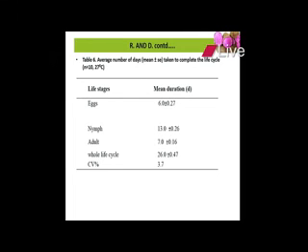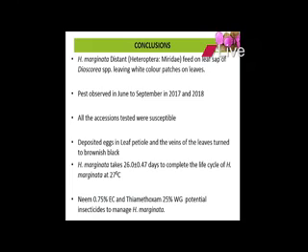Conclusions. Harpedona marginata feeds on the leaf sap of Dioscorea species, leaving white color patches on leaves. The pest was observed from June to September in 2017 and 2018. All the accessions tested were susceptible.